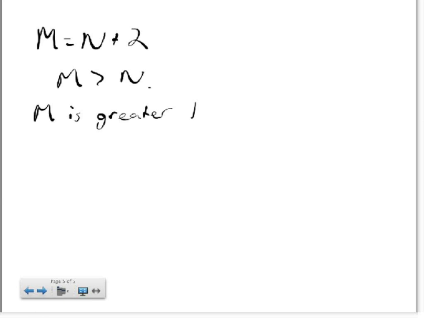Now, since m is equal to N plus 2, we see that m is greater than N. Therefore, m is greater than the greatest even integer.